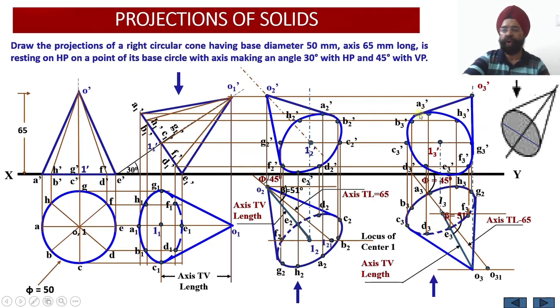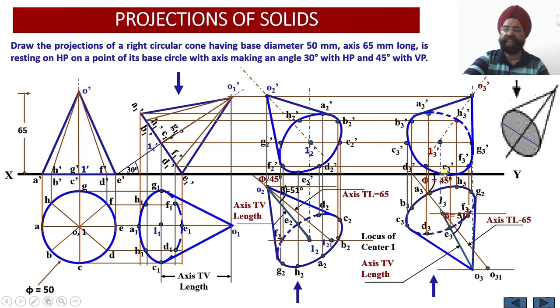So then I have drawn the tangent from O3 dash to B3 dash and the tangent from O3 dash to G3 dash. Let me make it hidden now, because I have already explained this portion will be hidden because this is farthest away from the observer. So since this portion happens to be farthest away from the observer, the hidden lines have to be drawn here. So just see, I have done the cutting over there so that this becomes a hidden line. So please check.